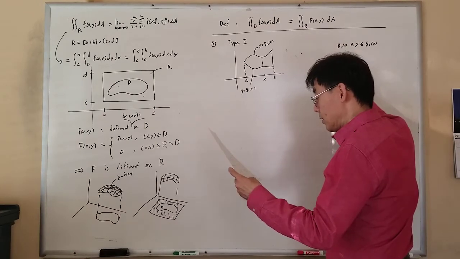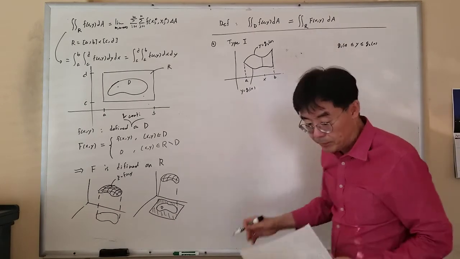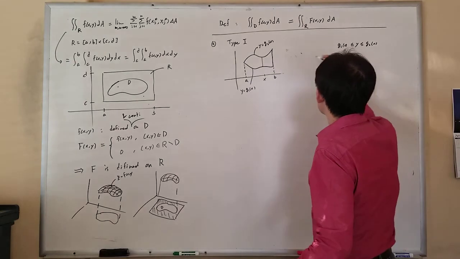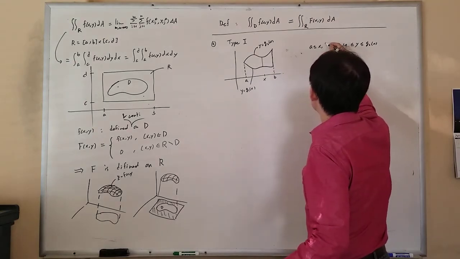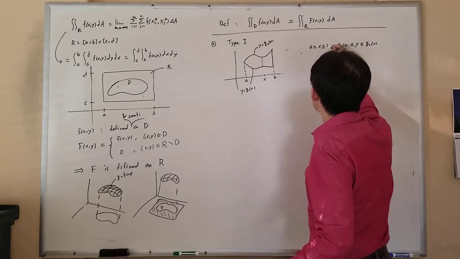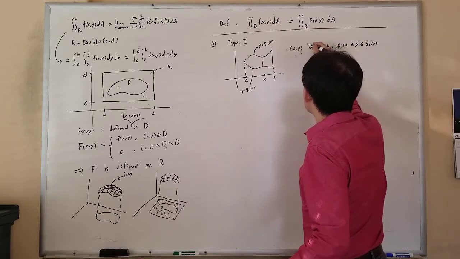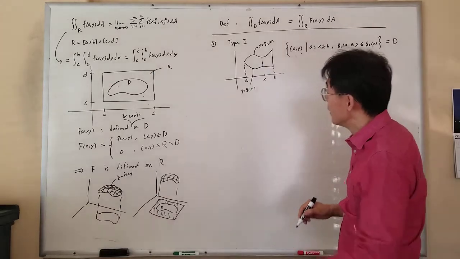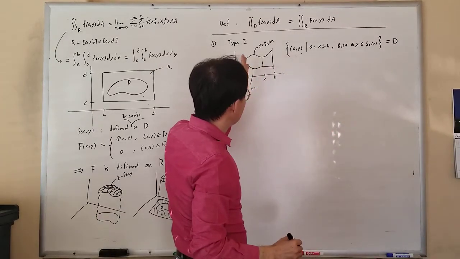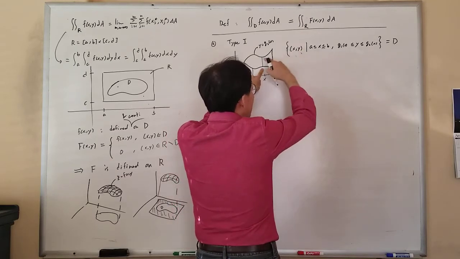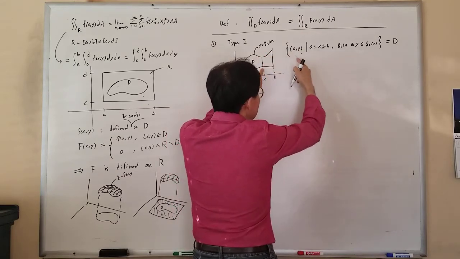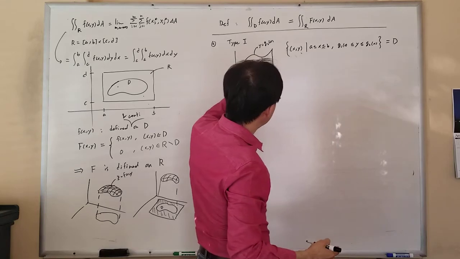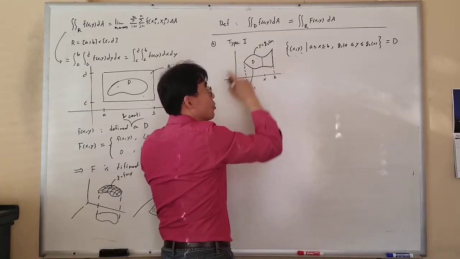So you can write this domain D as the set of all (x, y) such that x is between a and b. For a given x, the points in the domain D are those whose y coordinate is between g1 of x and g2 of x.